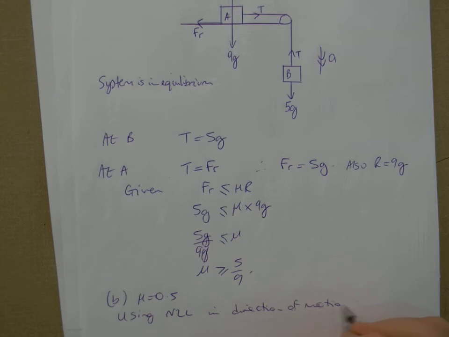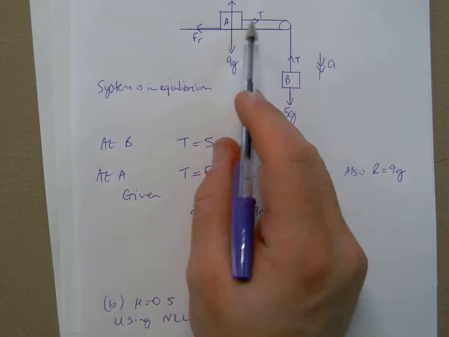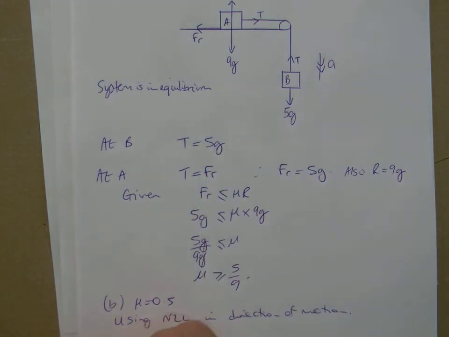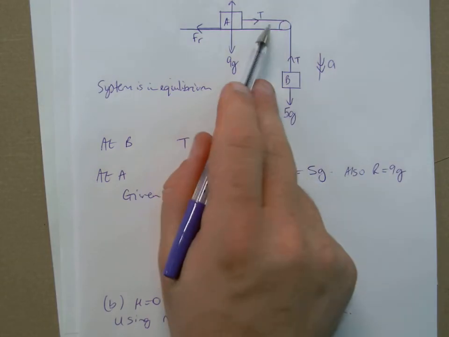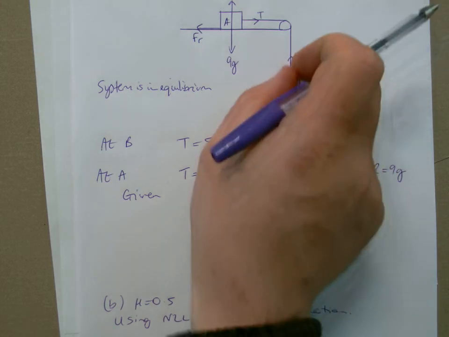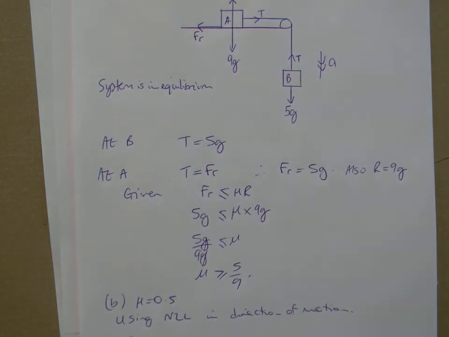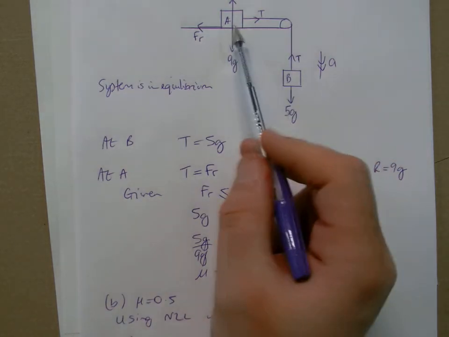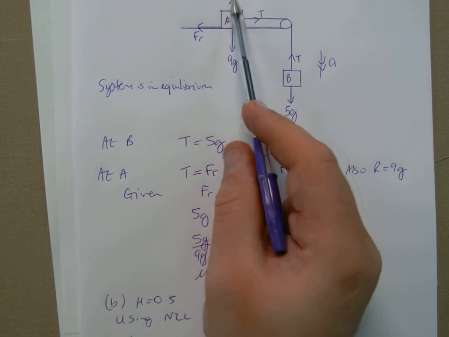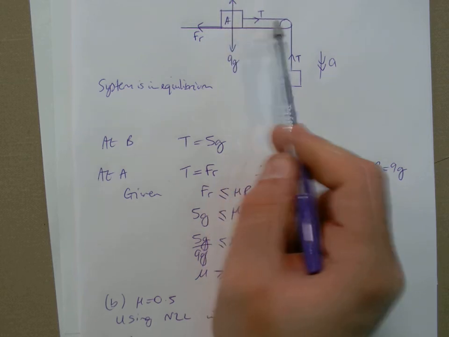if we look at A to start with, because it's going that way, B will fall. This weight is going to pull the string down, and it'll drag the object A across there. The weight of object A is supported by the table. That doesn't come into play in terms of the horizontal motion.